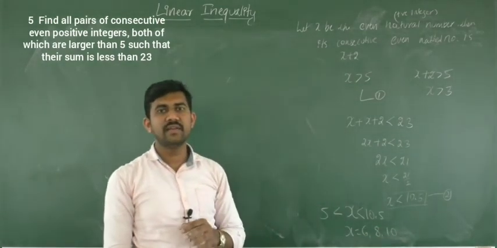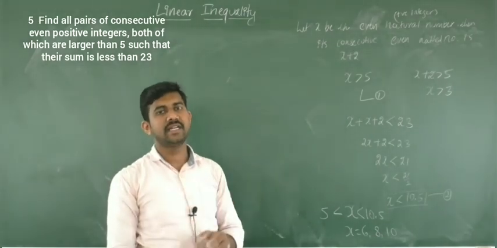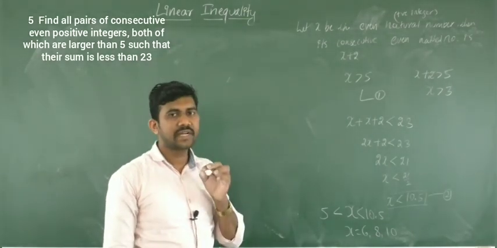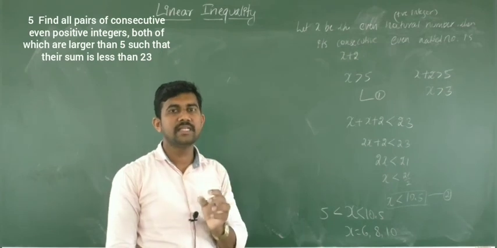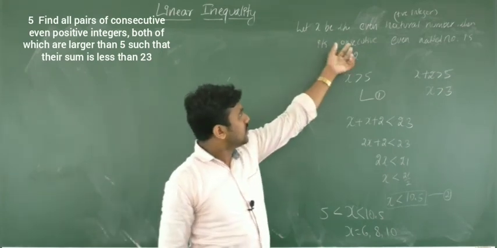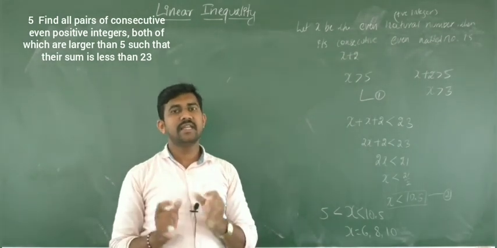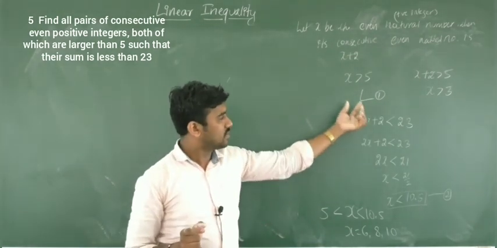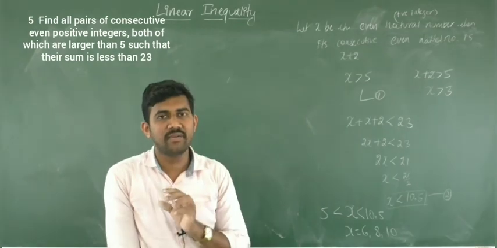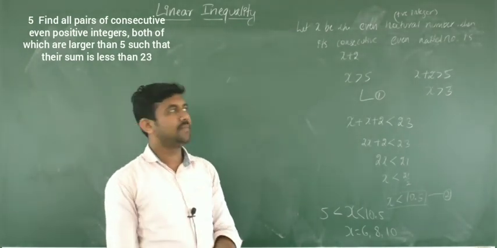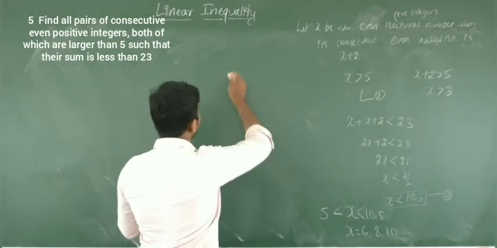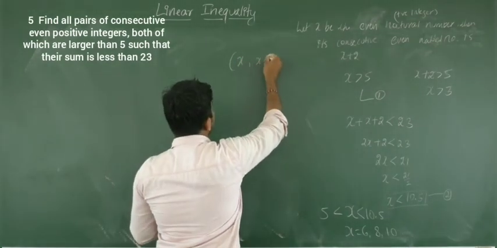So x can take the values 6, 8 and 10. Now we need to write the possible ordered pairs such that the numbers are greater than 5 and their sum is less than 23. So what are the possible pairs we will get, in the form x comma x plus 2?